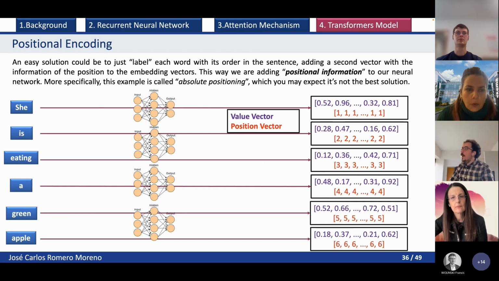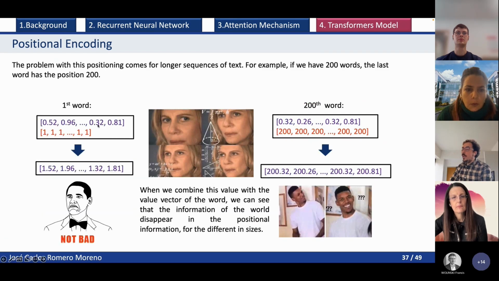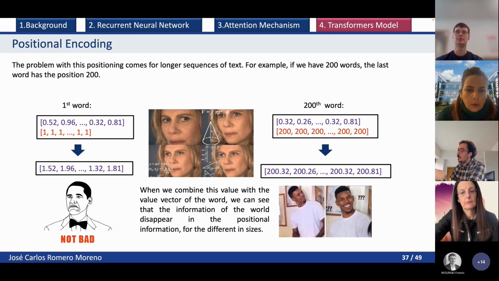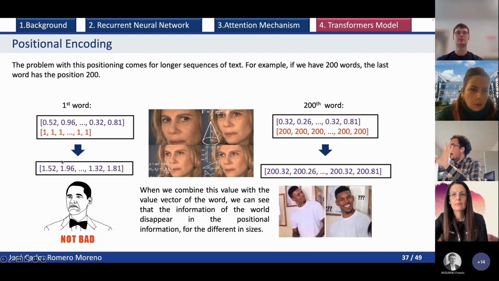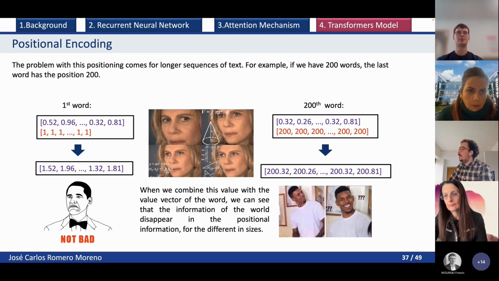This has a problem. And the problem is, imagine if we have only 5 words, it's okay. But when we combine this information to be processed, remember when we combine words, we are multiplying the numbers, or we just add this vector. Just a bit of disclaimer in case there are some technical profiles here: I am making some assumptions, just to explain things more easily.